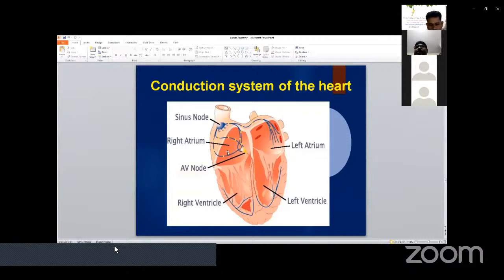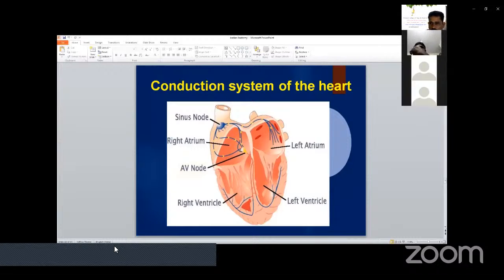Here you can see the sinus node. From that only we get the nerve impulse for the heart function. The sinus node passes the impulse through different nerves to the AV node, and from the AV node we get the control of the impulse.